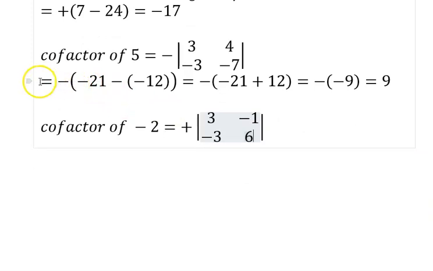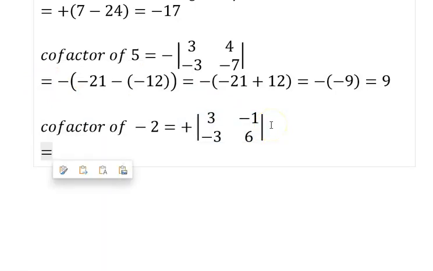Let's see what we have. Corresponding sign is plus. So we now have 3 times 6 is 18, minus, minus 3 times minus 1 will give us 3.